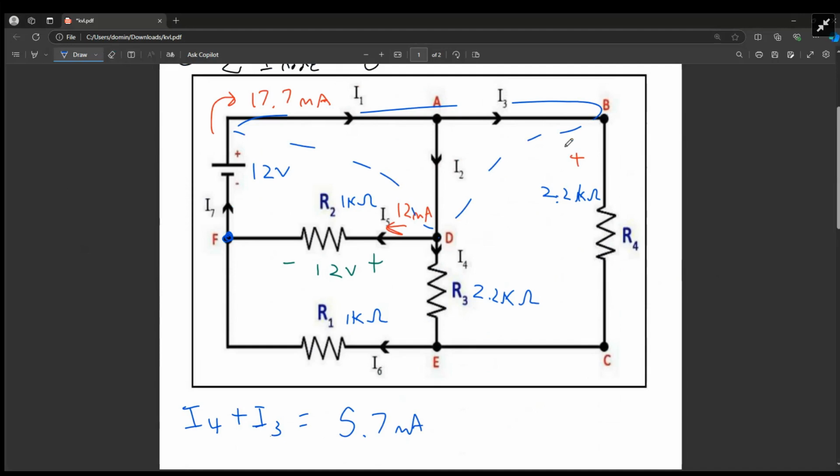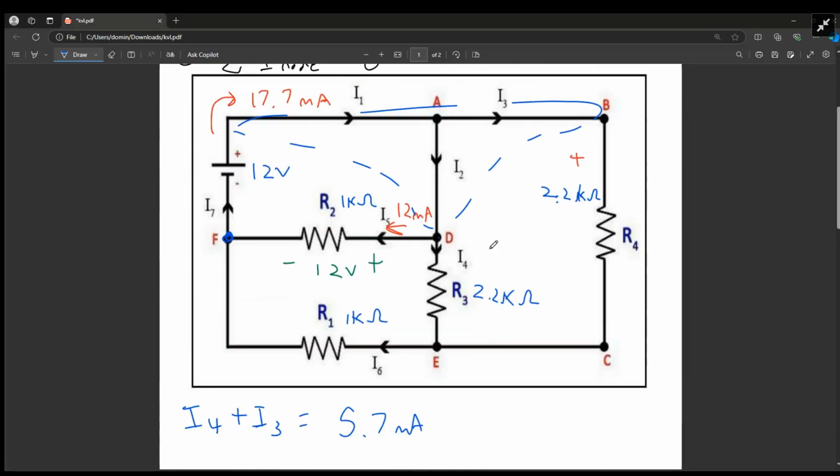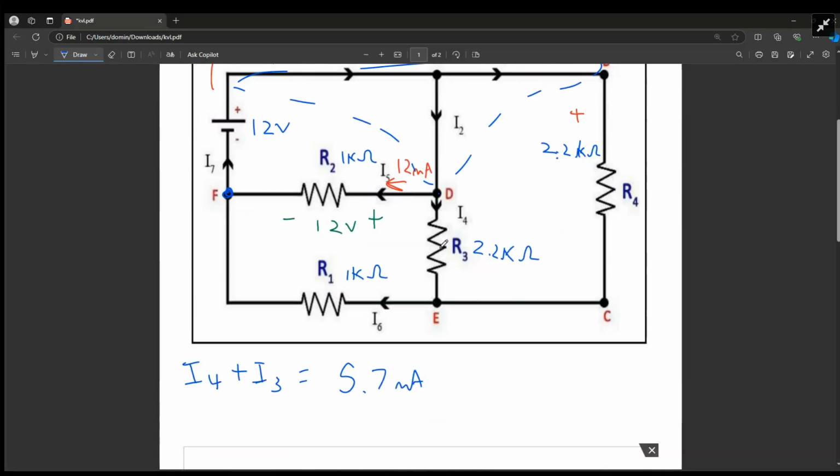Well, we know that they both have the same voltage, and they both have the same current. So according to Ohm's law, they'll both have the same current because they have the same voltage across them and the same resistance across them. So I could just say this is equal to 2 times I3 or 2 times I4, because I4 and I3 are going to be the same value.